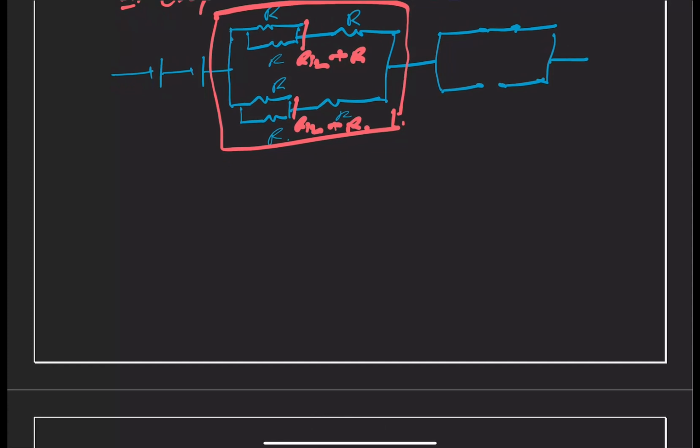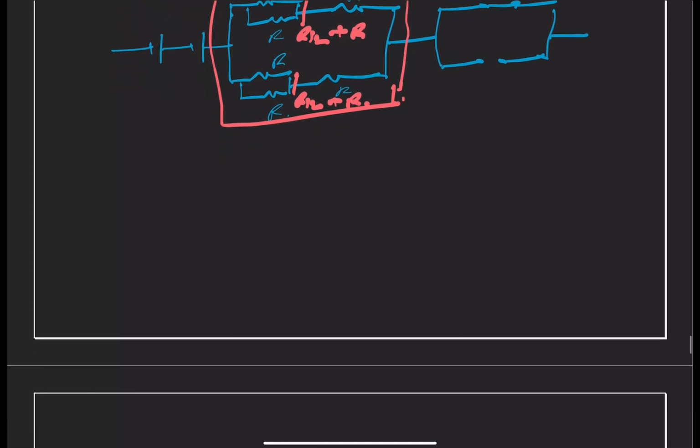So our R equivalent will be equal to half of R by 2 plus R, and this comes as 3R by 4.